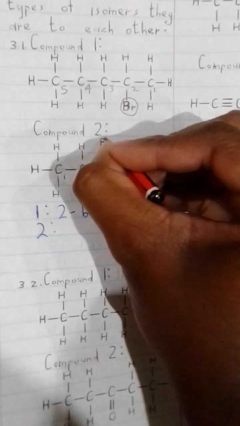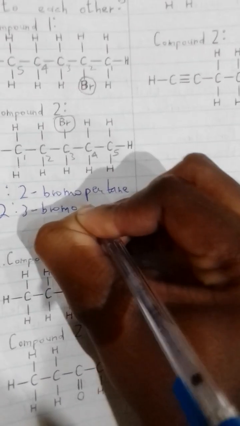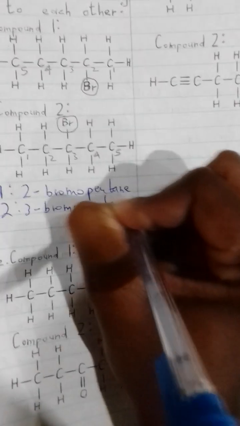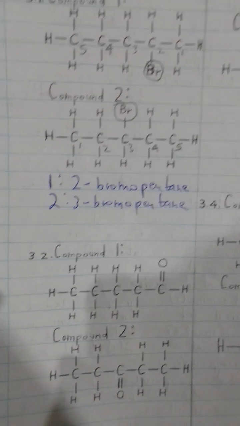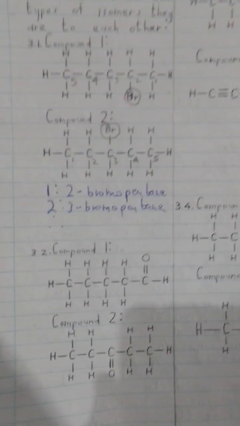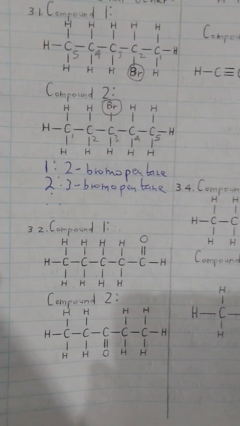The bromine is in position 3. So this is 3-bromopentane. Therefore, remember the functional group is in different positions, so these are positional isomers.